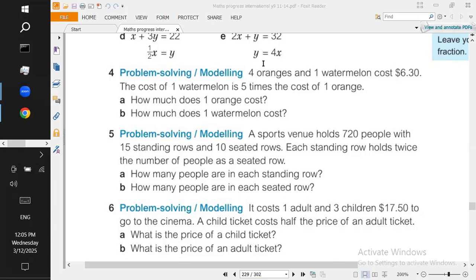Now, you can use them as O and W, O for orange and W for watermelon, and when you write the equation, you'll write it like this. So 4 oranges, which is 4O.